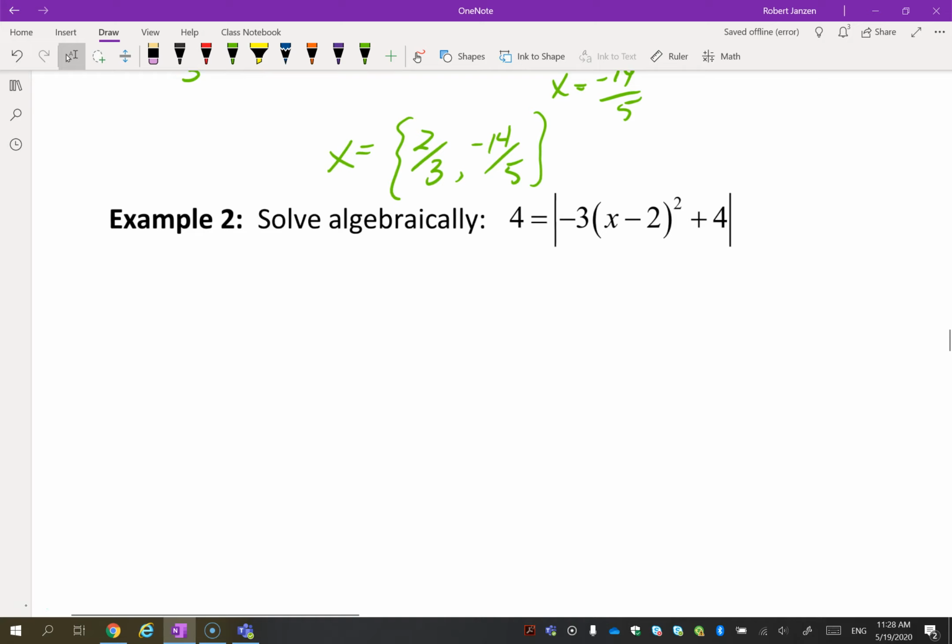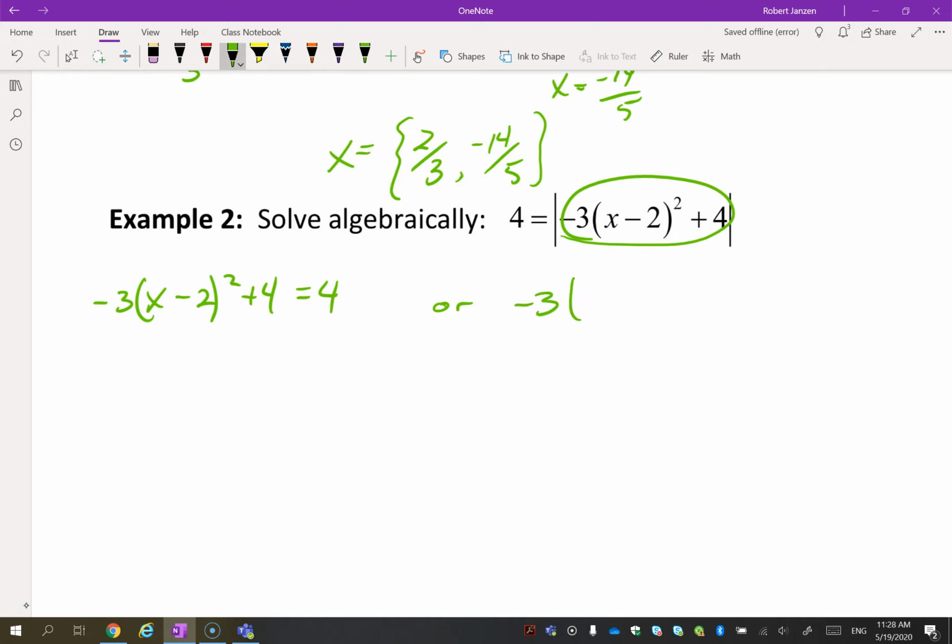Let's try another one. So what I'm going to say is this here can either be plus 4 or it could be negative 4, right? So let's write it that way. It's a little bit of a different way of doing it. So what's in here is either 4 or what's in here is negative 4.